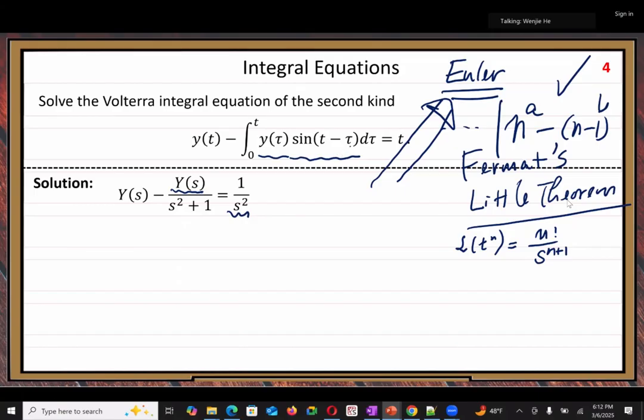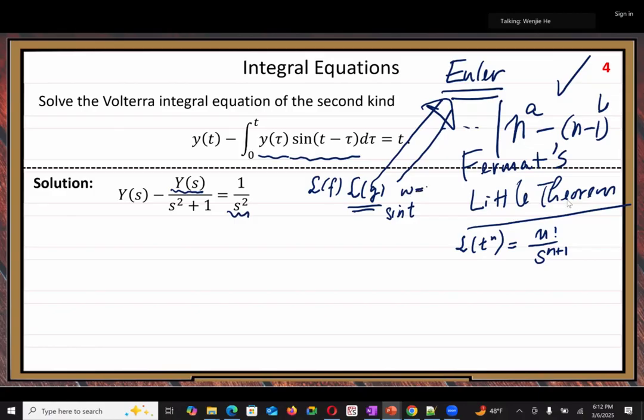So here, because we consider f and g, right? So capital F and a capital G. Capital F times capital G. G is a sine function, sine t, sine omega t, right?